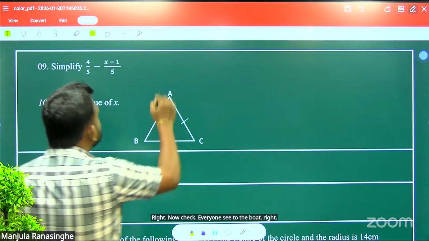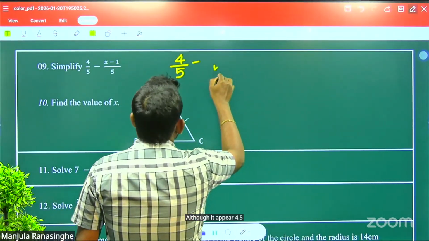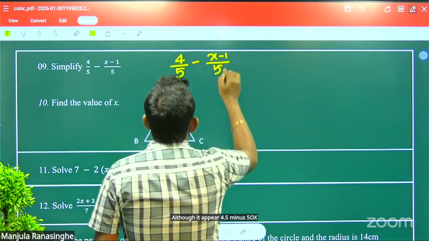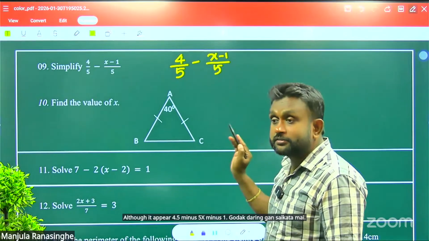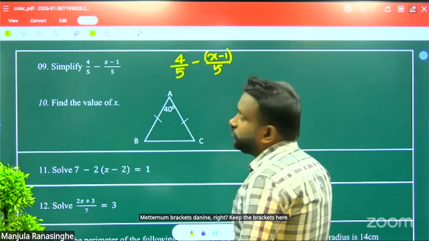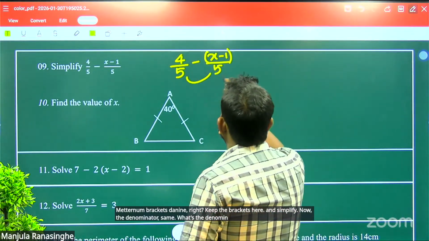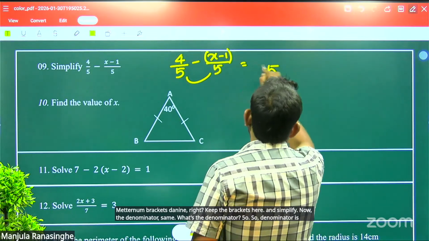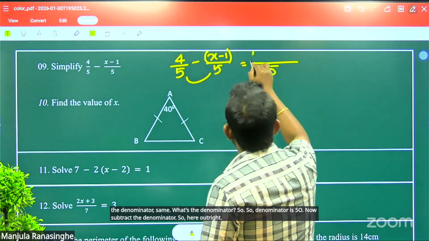Right. Although it appear 4 upon 5 minus 5, x minus 1. Many students' answer is they don't put brackets here, right? Keep the brackets here and simplify. Now the denominator same. What's the denominator? 5. So denominator is 5. Now subtract the numerator. So here how to write? 4.